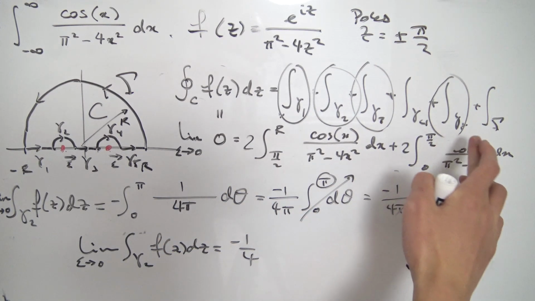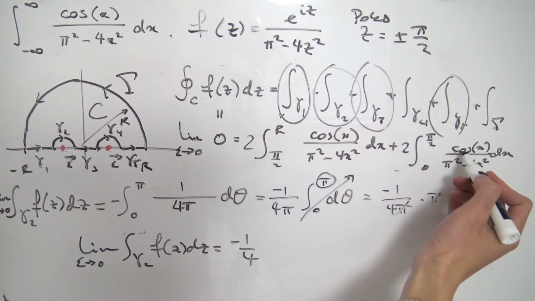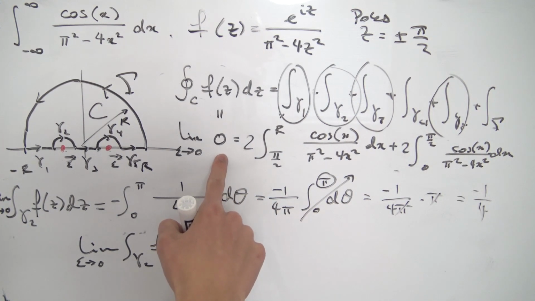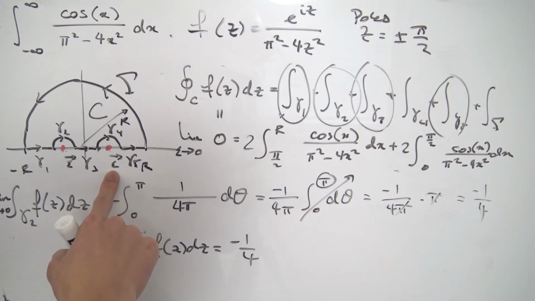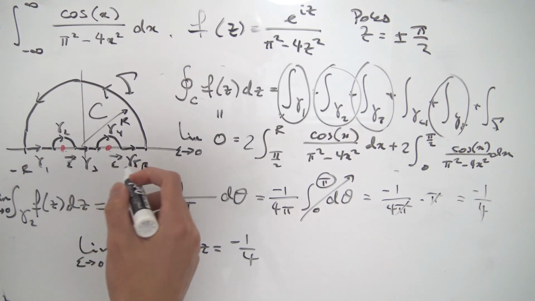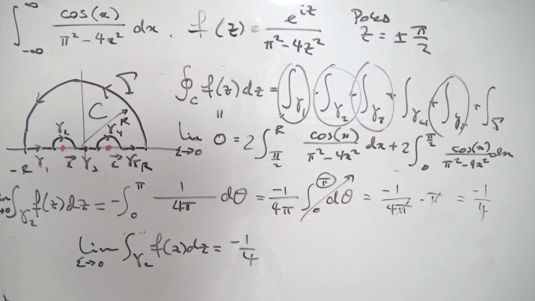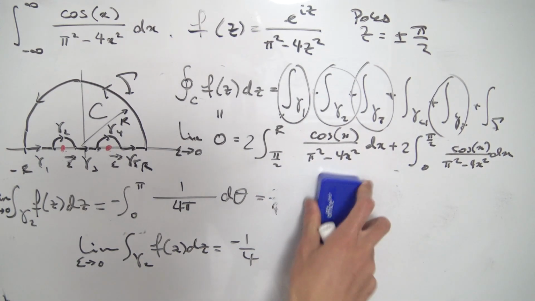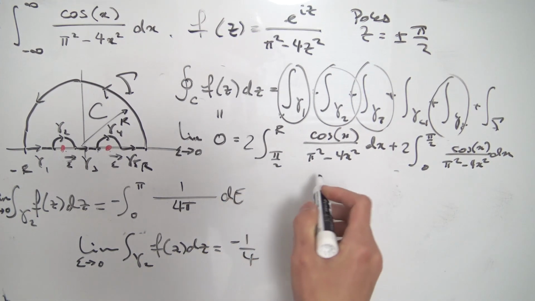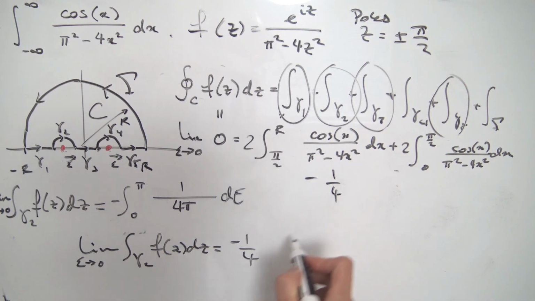It really doesn't matter what happens to them, they're just going to disappear off. And as for our contour integral over c, even as epsilon gets really small, we're still not going to have poles inside of our contour, so it's just going to stay as it is. Okay, so this integral over gamma 2, we found that it contributes a minus 1/4 term to our final result.